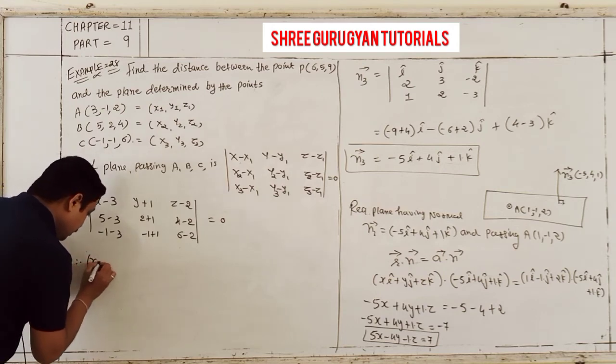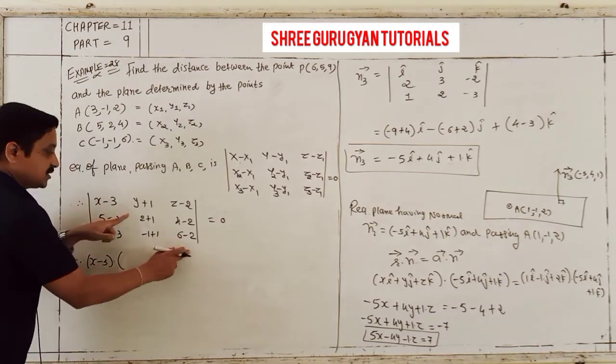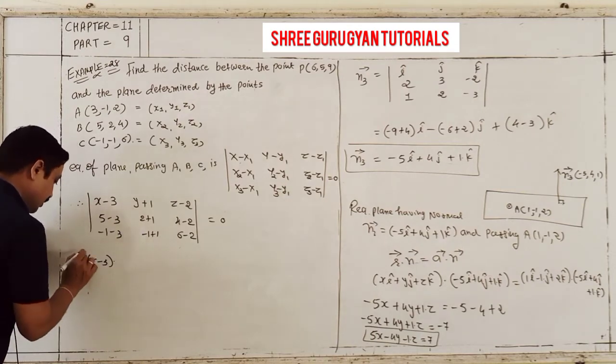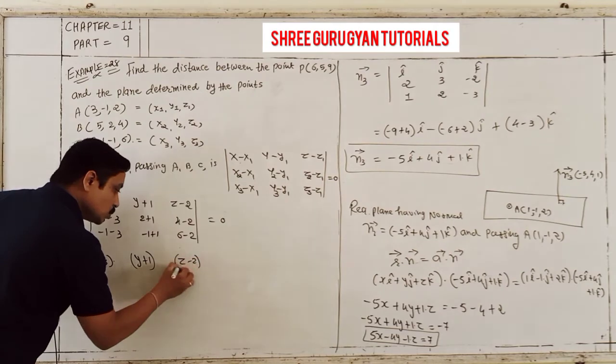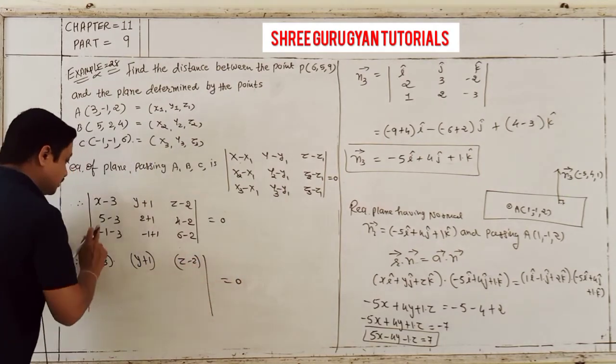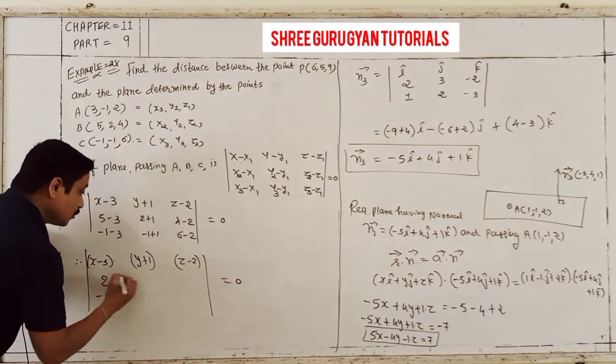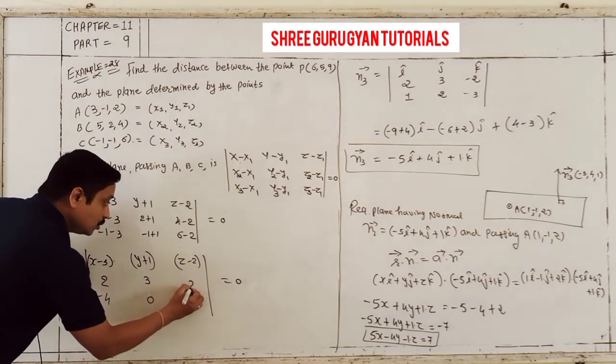x minus 3 first, I write down again, don't worry: y plus 1 and z minus 2, and here, students, your rows are 2, 2, 4 and minus 4, 3, 0, 2.